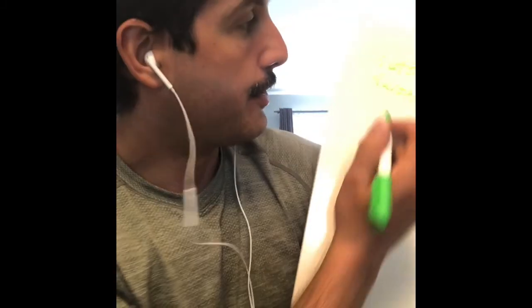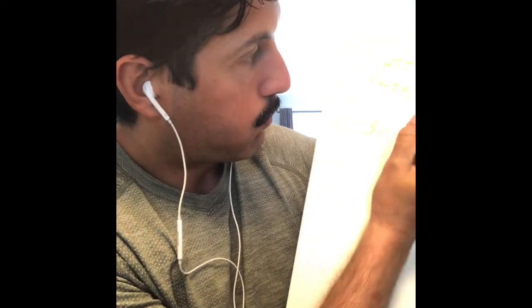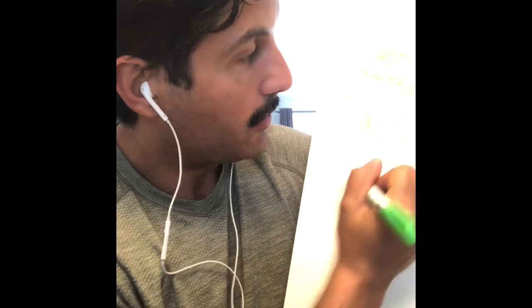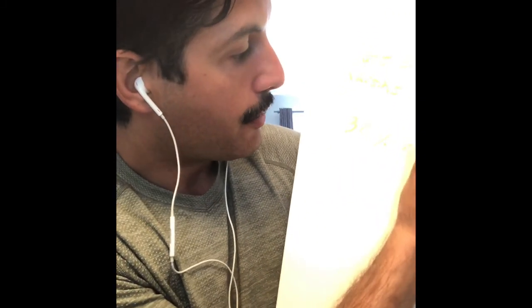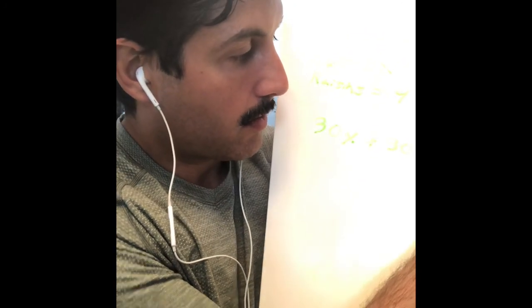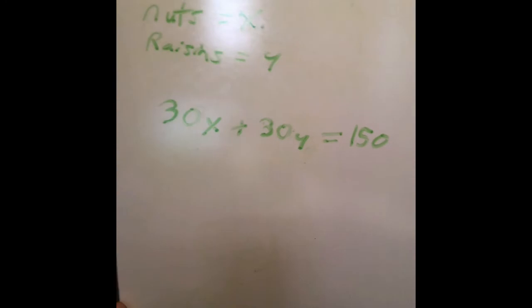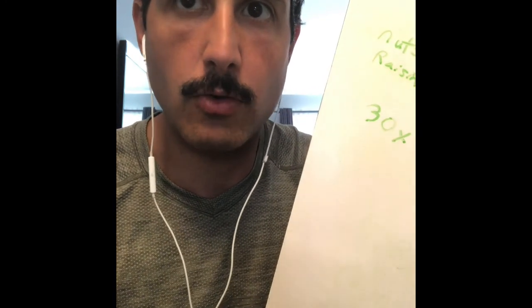So we know that $30 per kilogram of x, $30 per kilogram of y is equal to $150. So 30x plus 30y equals 150, and that's converting the word problem into an equation.